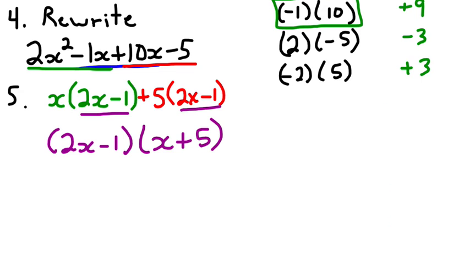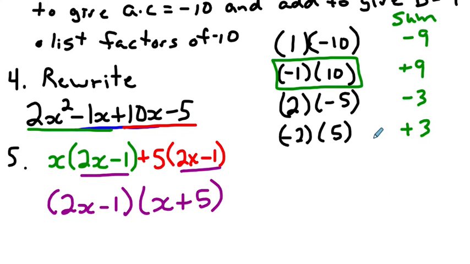So again, the 2x minus 1 comes out. We're left with the x from the first and the 5 from the second one. And this is our factor.